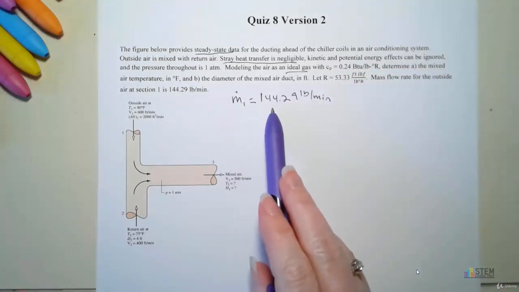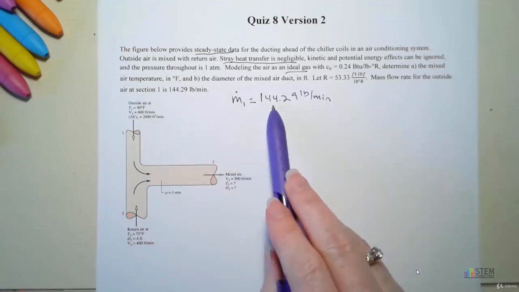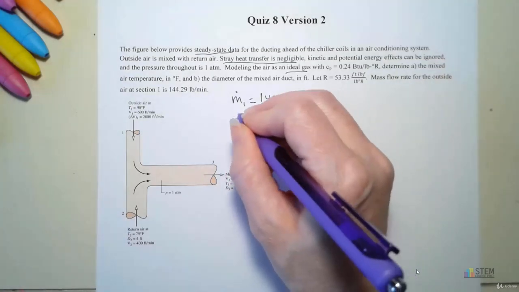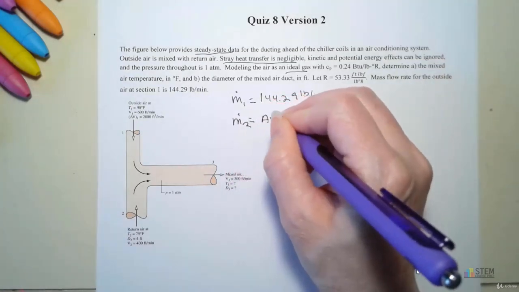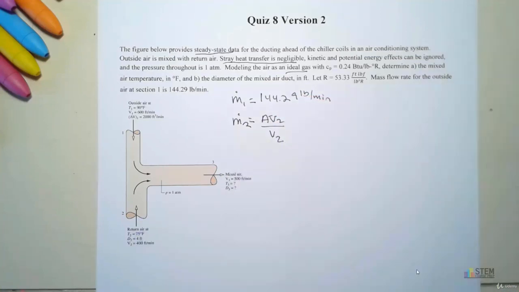So M1 dot, if you go through and use the volumetric flow rate and everything, solve, you'll get 144.29 pounds per minute. Now let's find M2 dot. Remember, that's going to be your volumetric flow rate at point 2 divided by the specific volume at that point. Now notice it is an ideal gas.